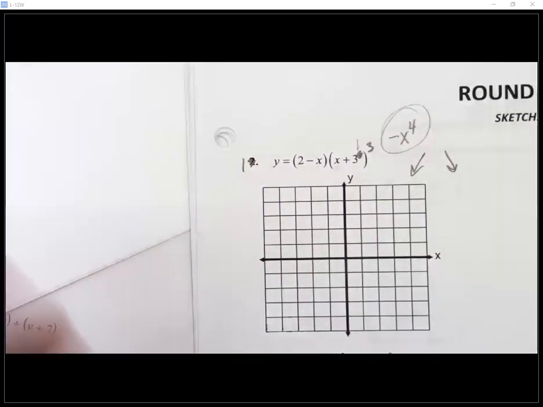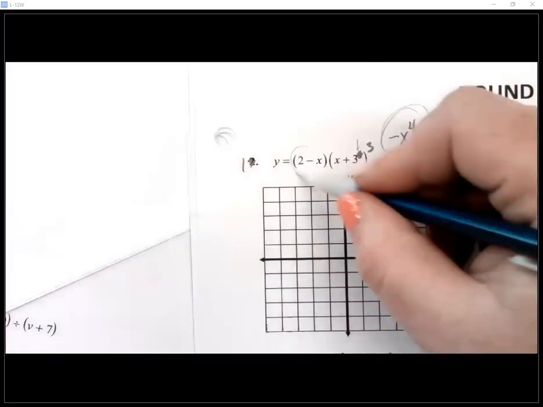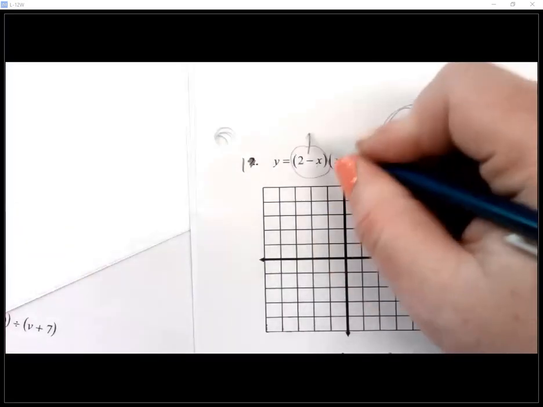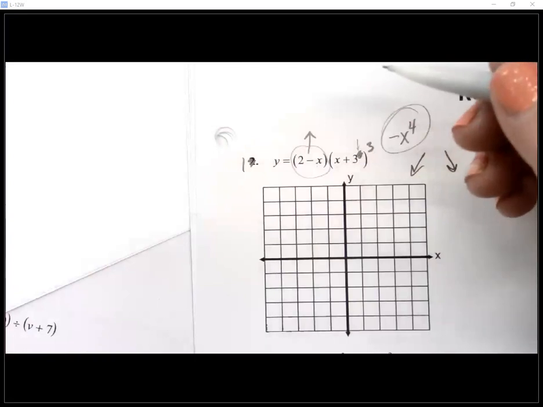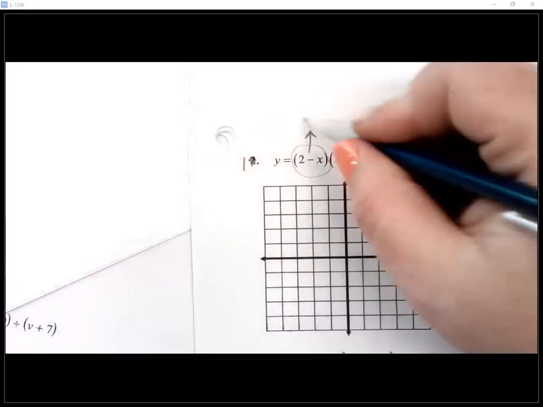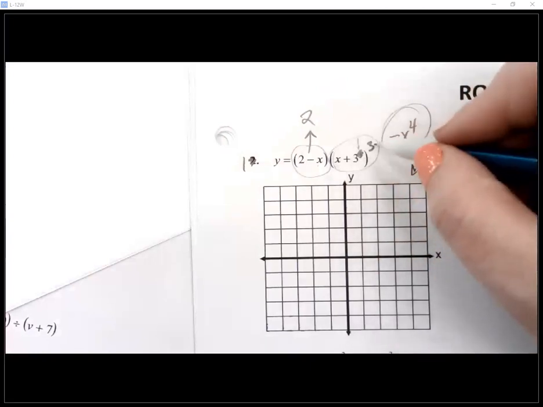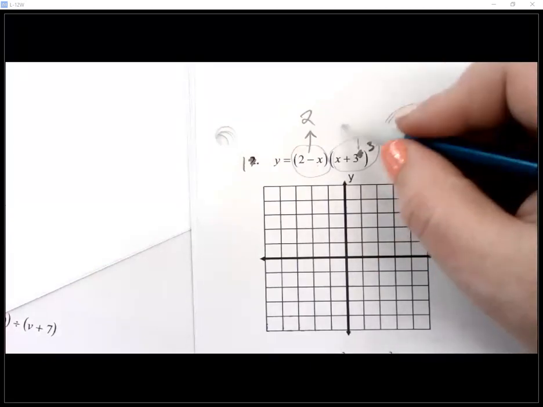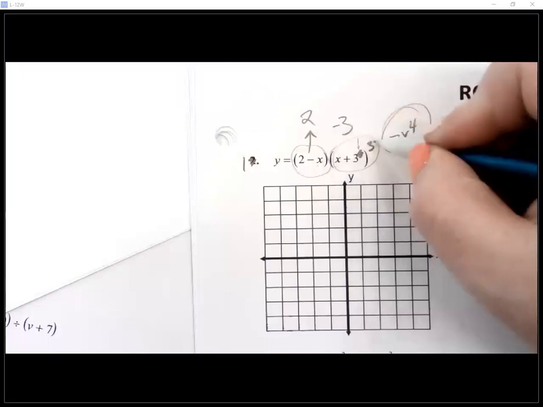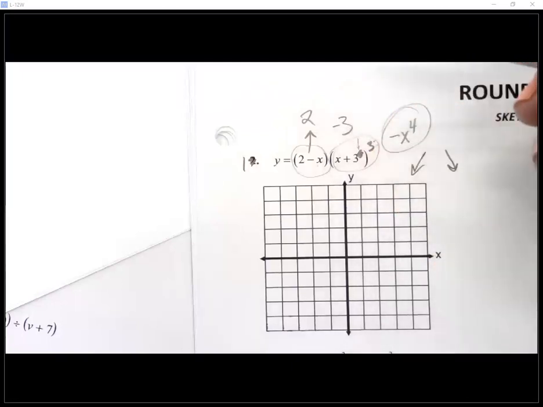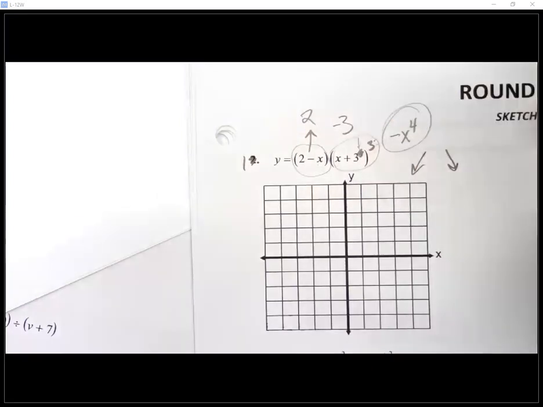Now, because this one was already factored for me, my life's pretty easy. What is the 0 that comes out of this one? 2 minus x. What would the 0 actually be? 2. And then from this one, x plus 3, and then we put the cube on the outside, I get negative 3, right? But what do I do with the to the 3rd part? What does that mean? That means you get the answer of negative 3 3 times.